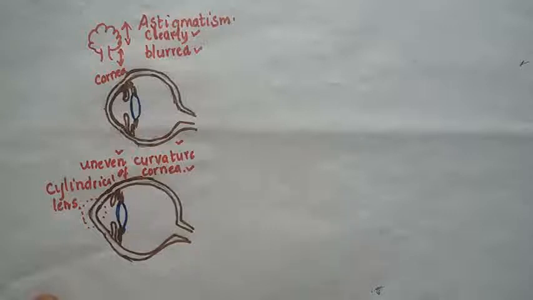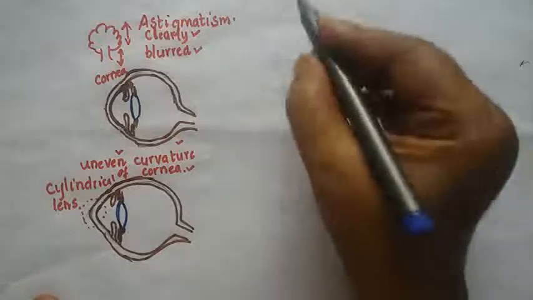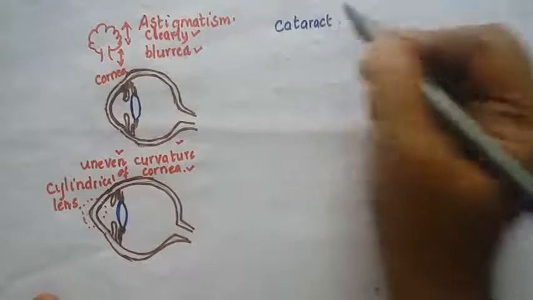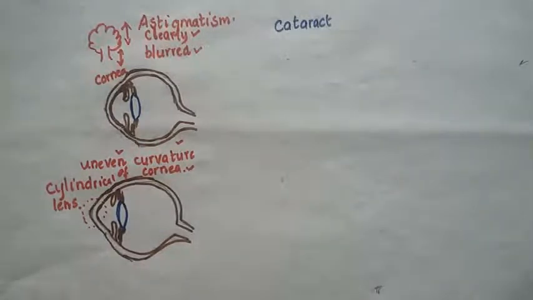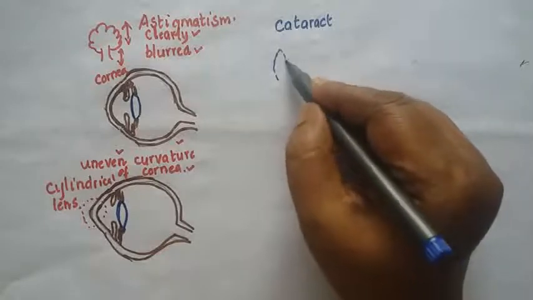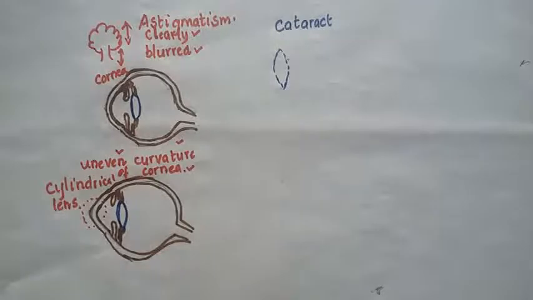Okay, now let us study one more defect known as cataract, which is more common among the elderly people. Children, we know that we have a transparent biconvex lens in our eye which alters its shape according to the distance at which we are viewing the objects, right?